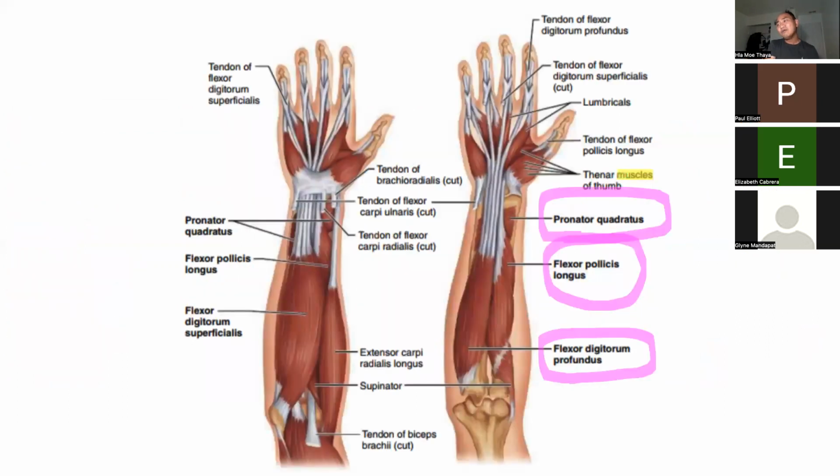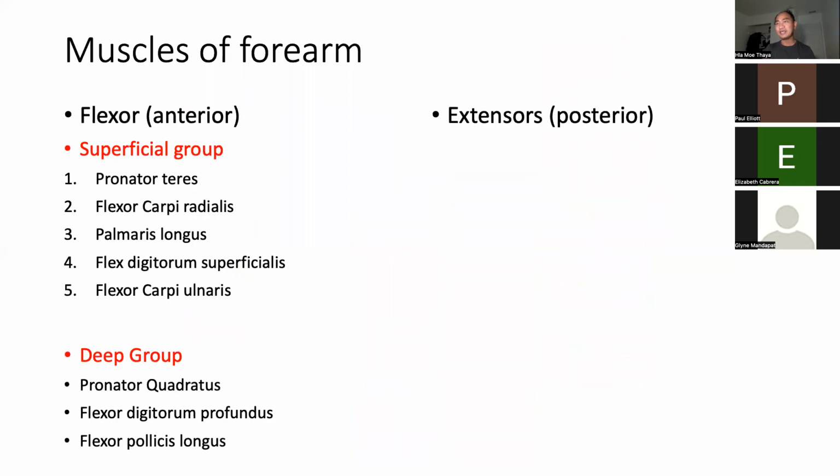And now we are going into the deep group. In the deep group, there are not many muscles. Hey, look at that. We have the flexor digitorum superficialis. Flexor means it is going to flex it. Of course, it is on the flexor compartment of the forearm.